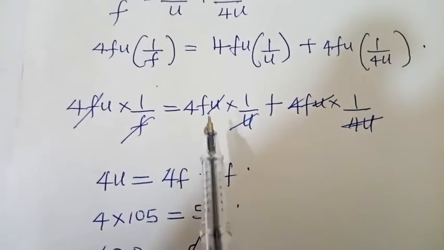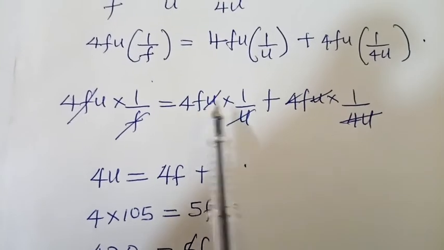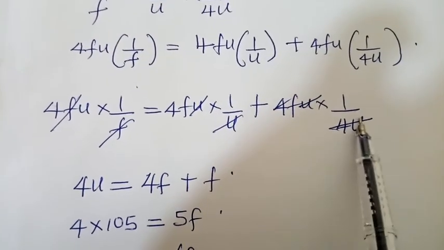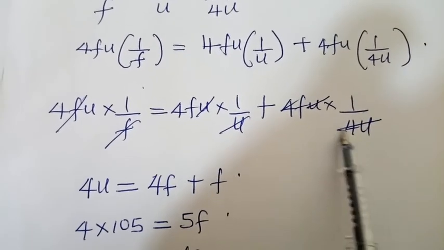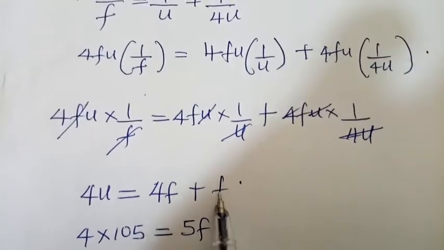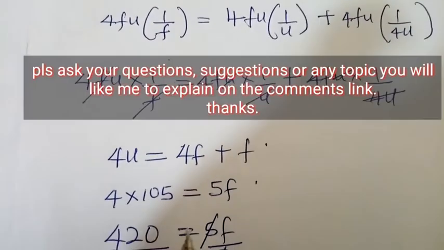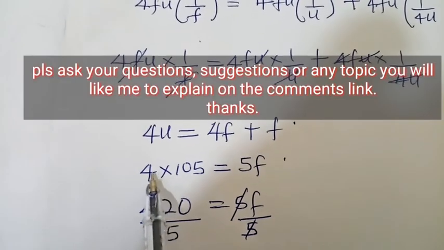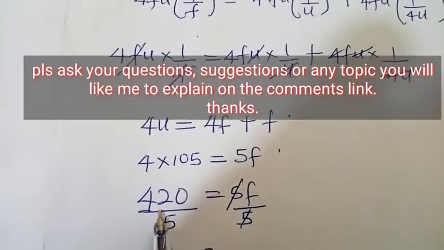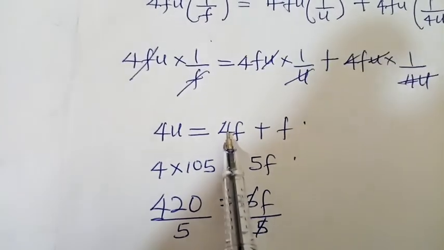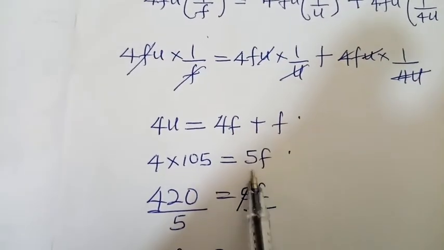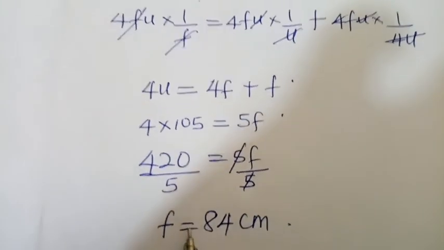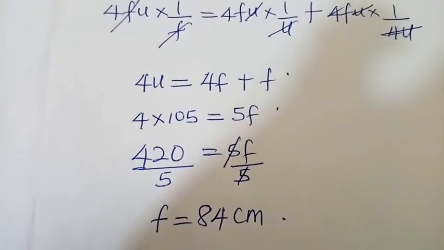If I cancel U here, I have 4F. I also cancel 4U, U and 4 here, and I have only F. Remember that U is 105, so 4 multiplied by 105 is 420. Then 4F plus 1F gives 5F. When you divide both sides by 5, the focal length F is 84 centimeters.